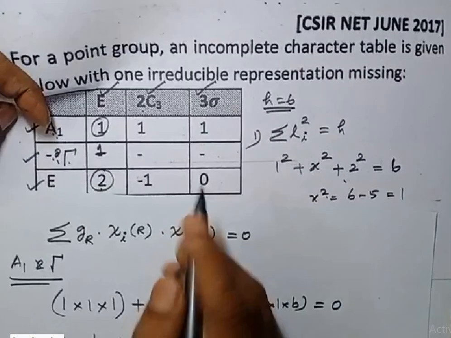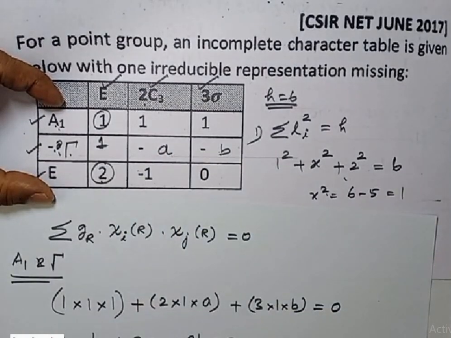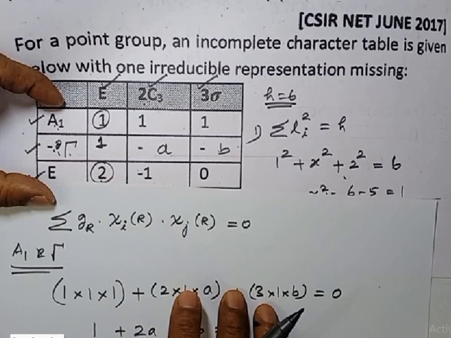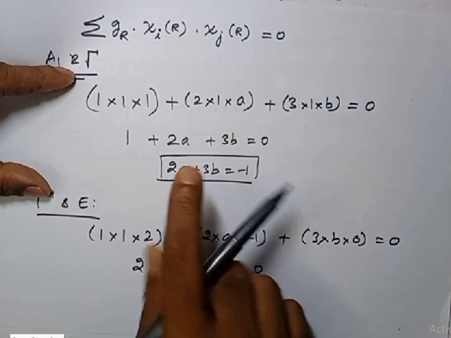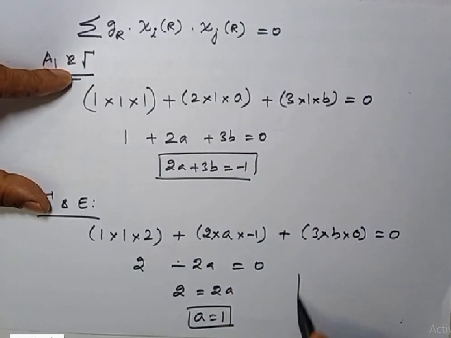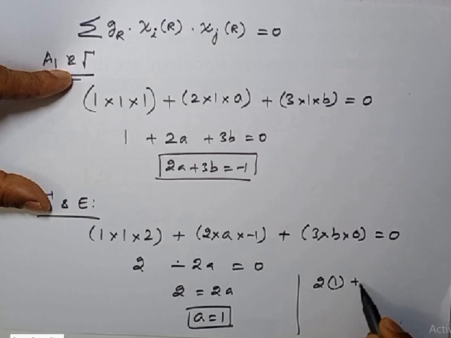See, in this character table, I took this as A and this character as B. We found out the character A, which is nothing but 1. And what is the character of B? Substitute A equal to 1 here. 2 times 1, in the place of A, plus 3B equal to minus 1. 1 times 2 is 2, plus 3B equal to minus 1.